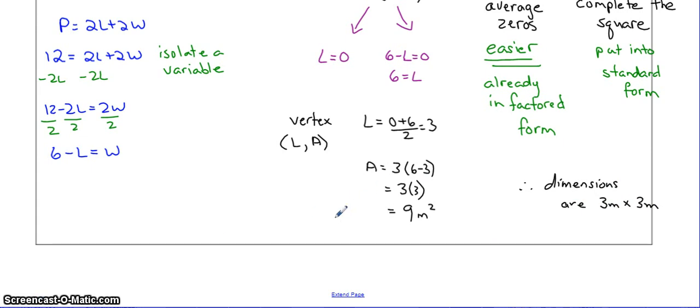Now for this question, we didn't actually need this part here because all they asked for was the dimensions, which we get from the L. So you only have to do this part if you are asked for the maximum or minimum value.